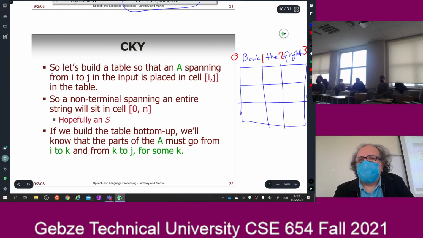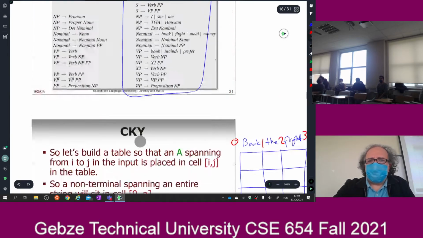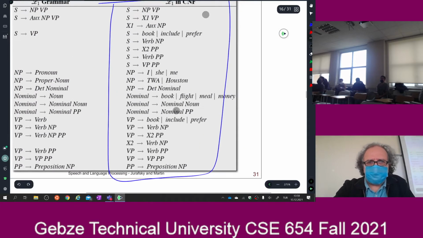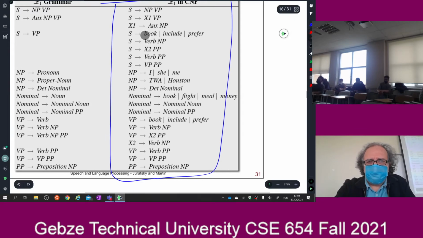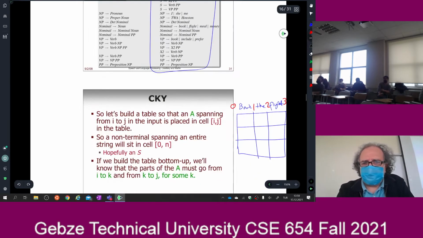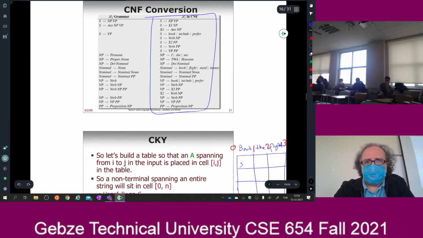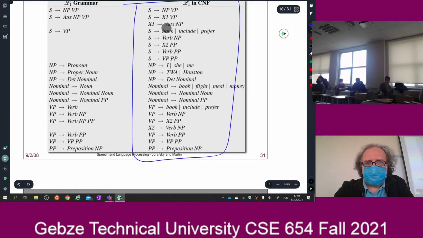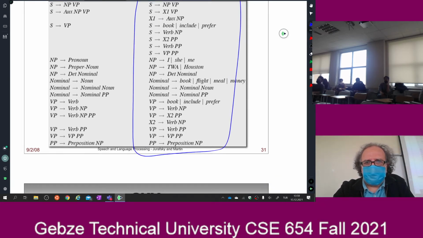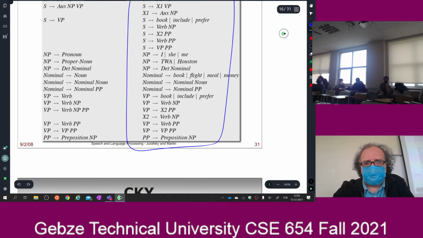Book. What kind of explanation can I have for the word book? I just go there, this one. So there is an S here. There is an S there, okay? And what else? Book and verb phrase, there is a verb phrase, right?